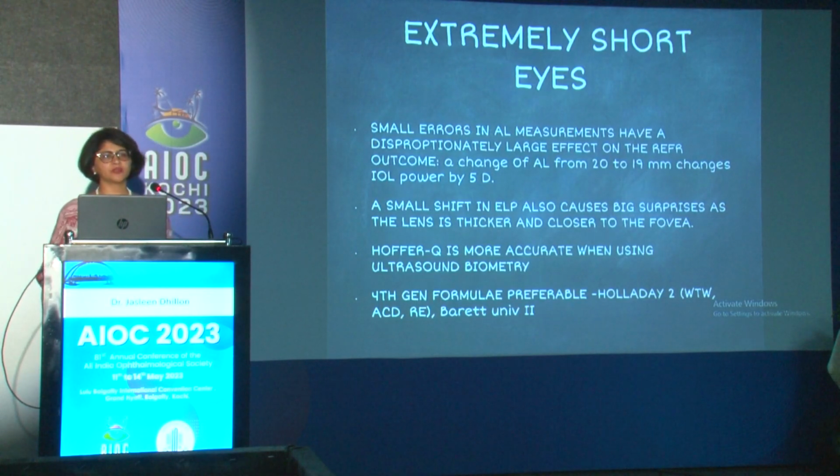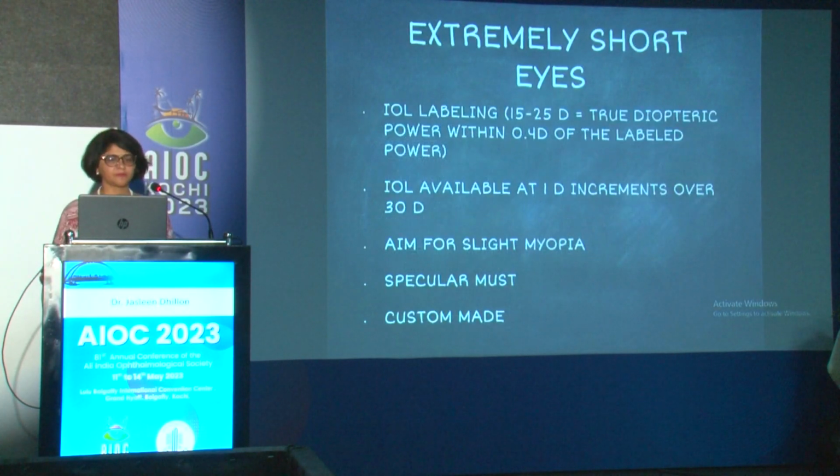So really repeat your measurements, use the optical biometer, and the fourth generation formulae like the Barrett Universal 2. Hoffer Q is more accurate if you're using the ultrasound biometer. So again, I talked about the IOL labeling, since a slight error is going to be more magnified in these extreme eyes.